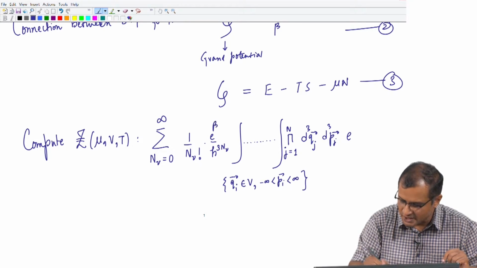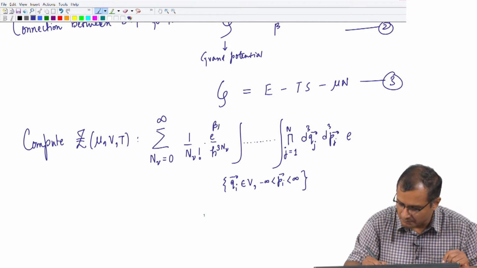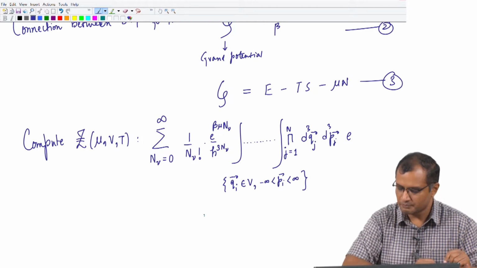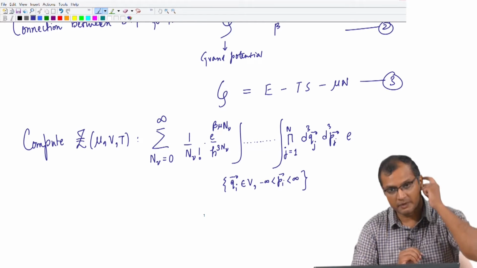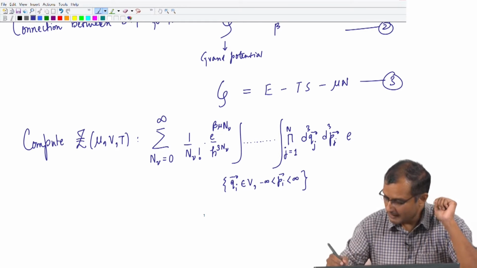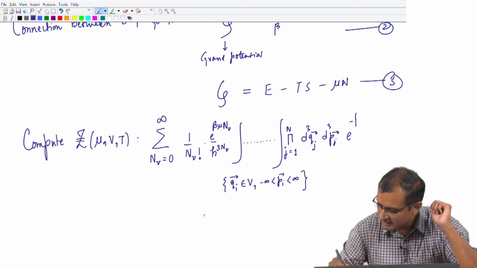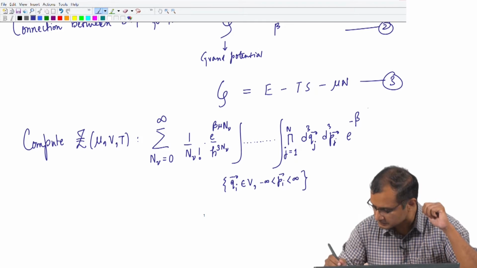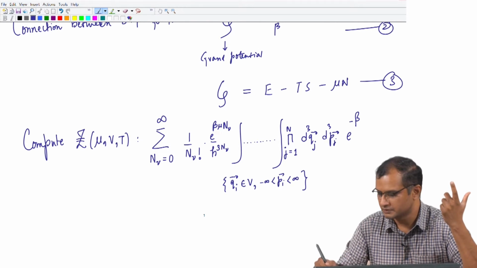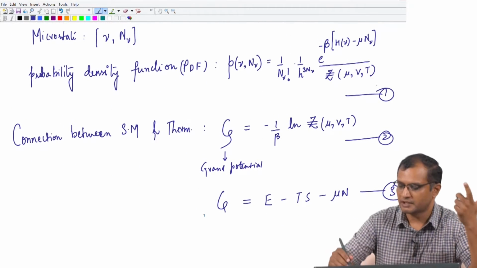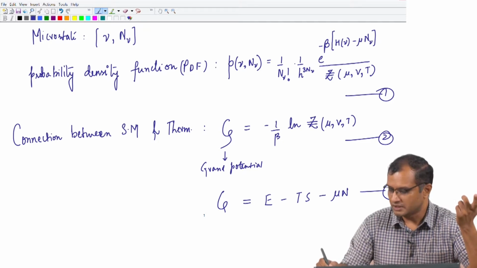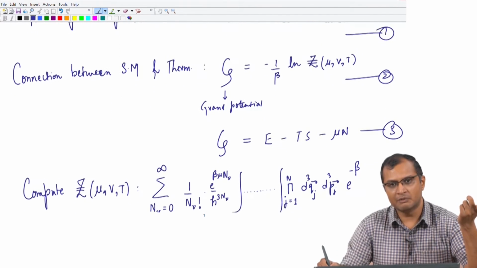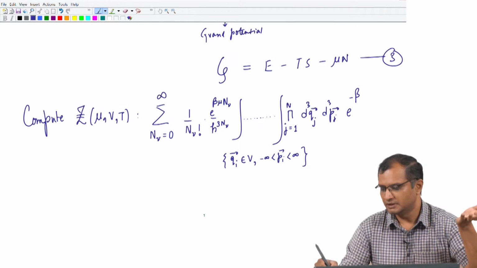So, which gives us just e to the power beta mu n nu, that comes outside, it is independent of position and momentum, and what is left over is just e raised to minus beta into the Hamiltonian. Look here, the Hamiltonian of the muth microstate, and this is an ideal gas, which means its Hamiltonian is purely kinetic.